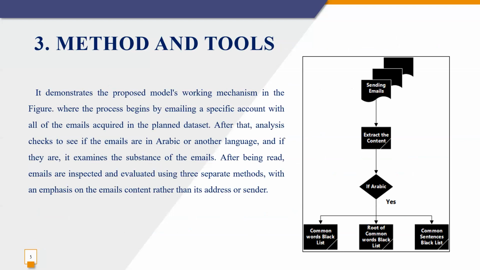After that, the analysis checks to see if the emails are in Arabic or another language, and if they are, it examines the substance of the emails. After beginning to read, emails are inspected and evaluated using three separate methods with an emphasis on the email's content rather than its address or sender.